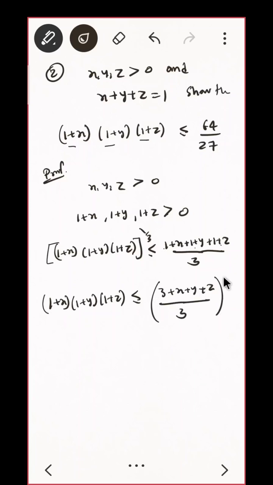Do you agree? Are we done now? x plus y plus z is 1, already given. So you have 4 cube upon 3 cube, that is 64 upon 27.